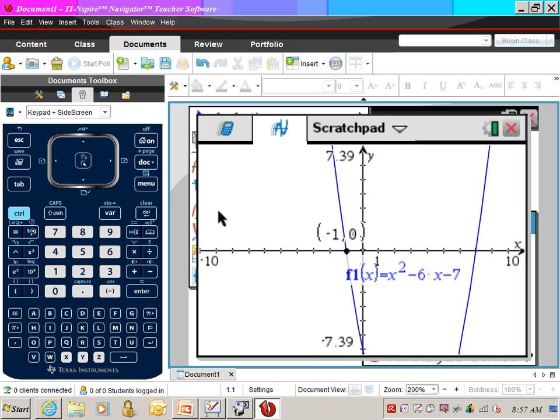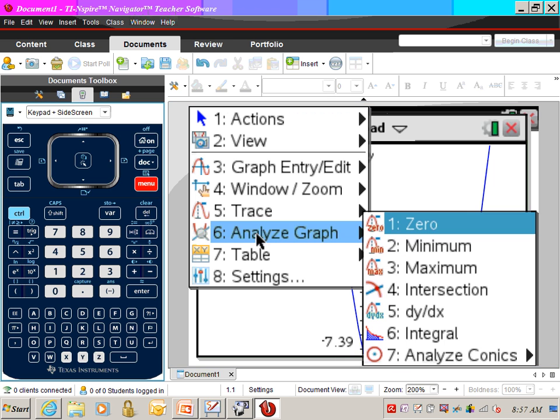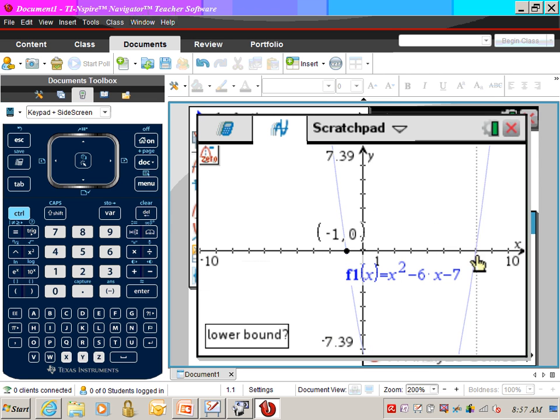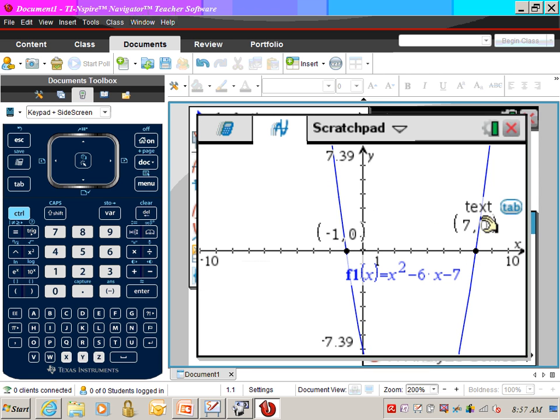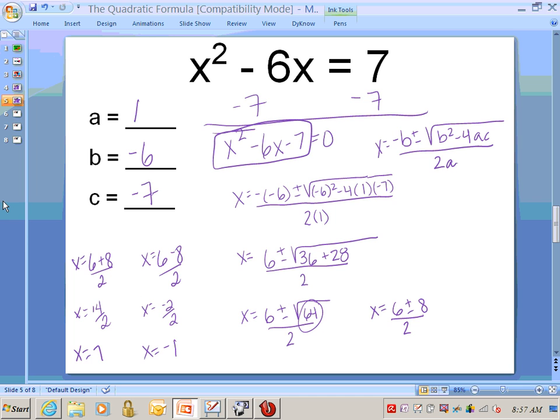So I've got negative 1 and 7. Did I do it right? Perfect. Okay? So make sure you're always checking when you're in here. Make sure that they're right, alright?